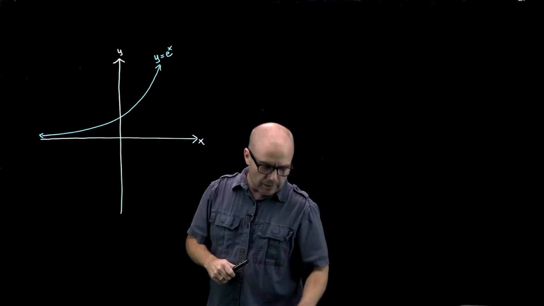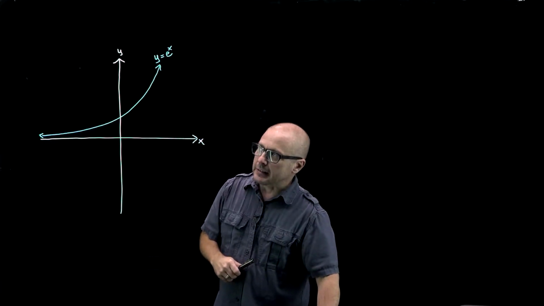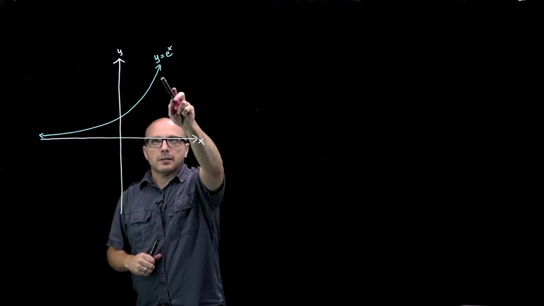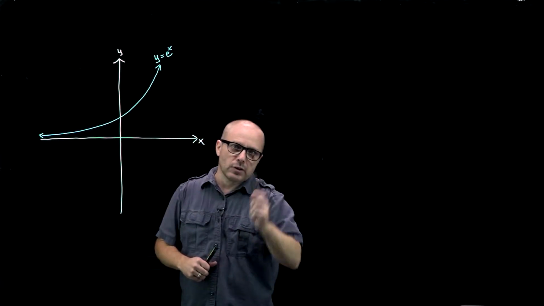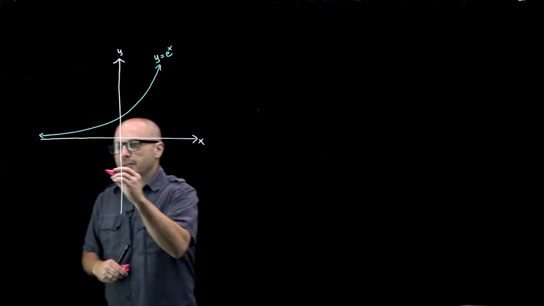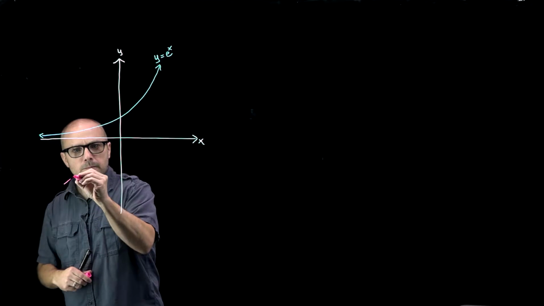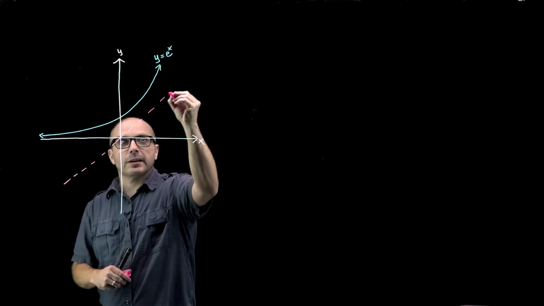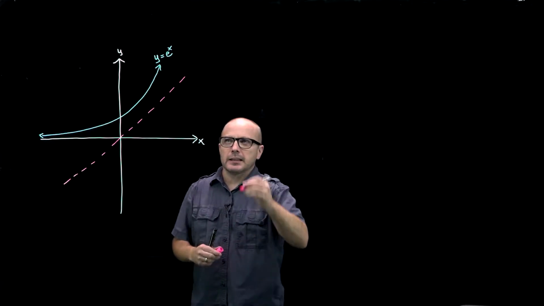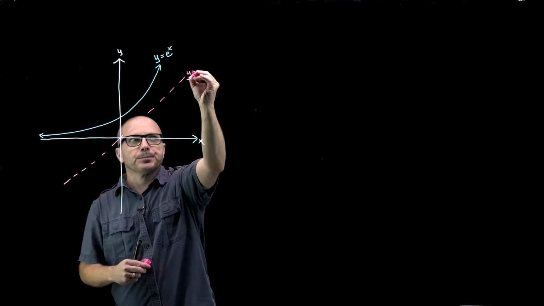So graphically, anything we know about the function e to the x can translate over to the function natural log of x. So remember, for an inverse, graphically anyways, its relationship is a reflection along that line y equals x.